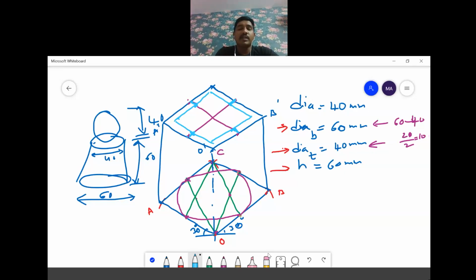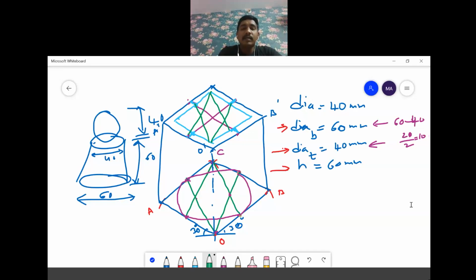Again using the four center method. Already you have midpoints here. I'm joining the top vertex to this point. I'm joining the top vertex to this line. I'm joining the bottom vertex to these midpoints.